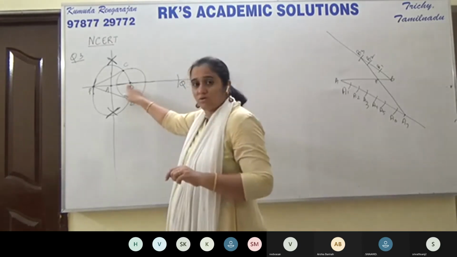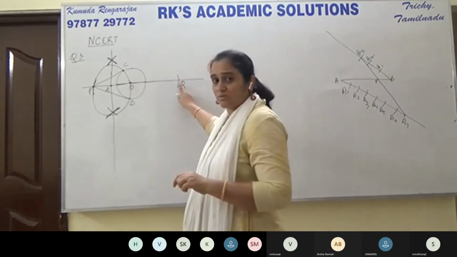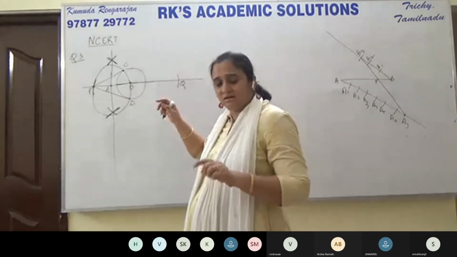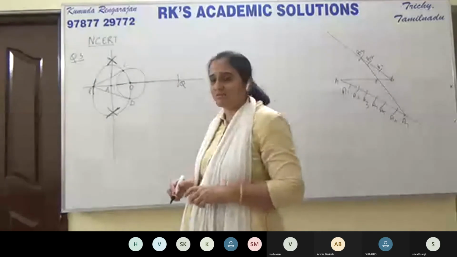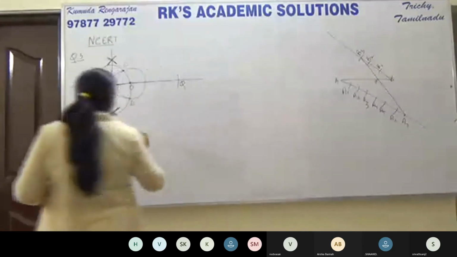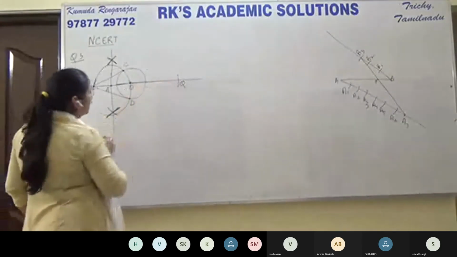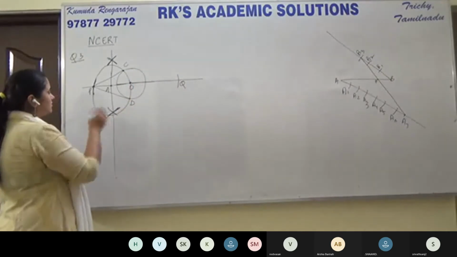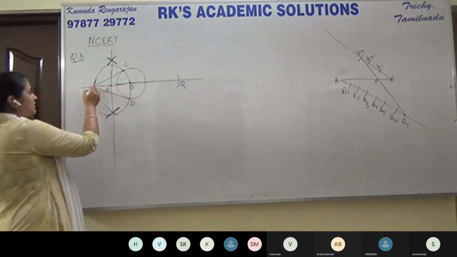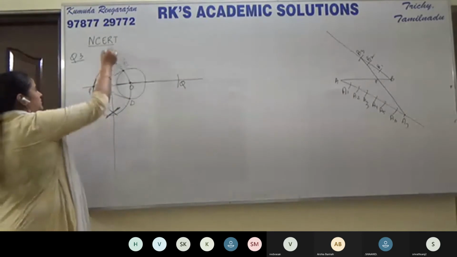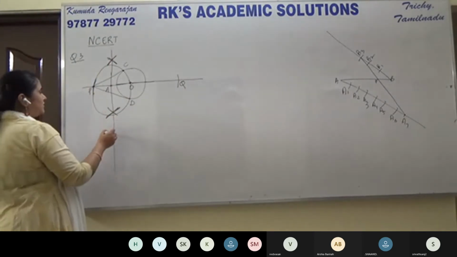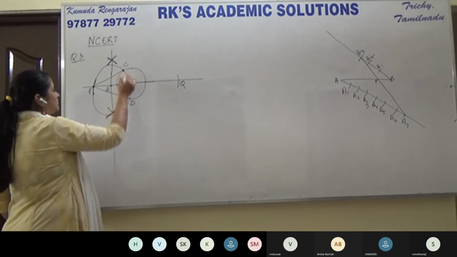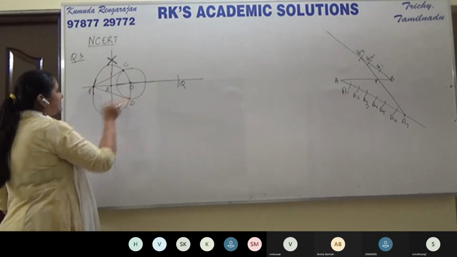Center is O. External point is Q. OQ is a line segment which should be bisected. Earlier it was OP. We constructed the perpendicular bisector of OP and then we drew the circle. We got these 2 points, PC, PD are the tangents.